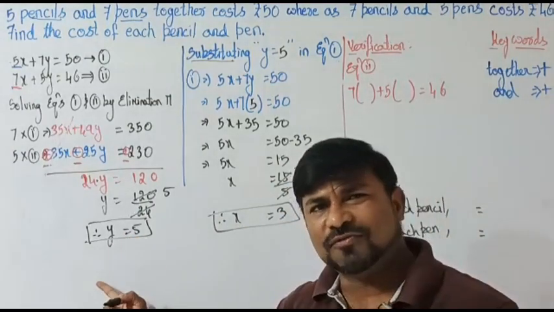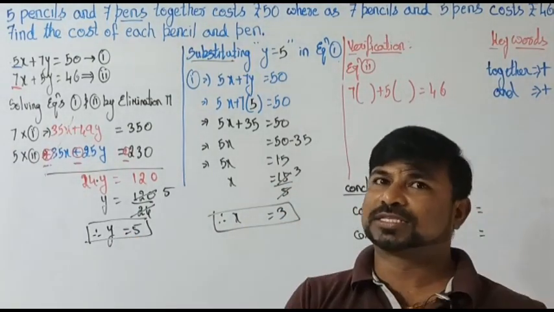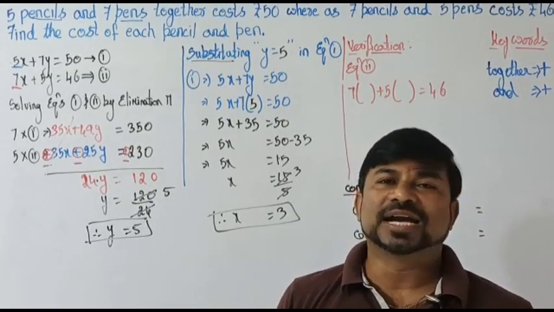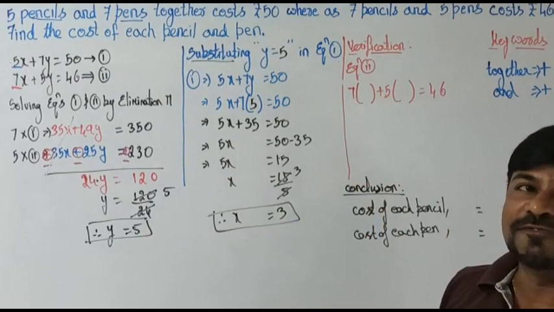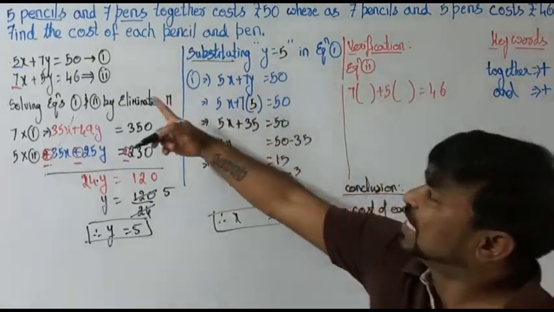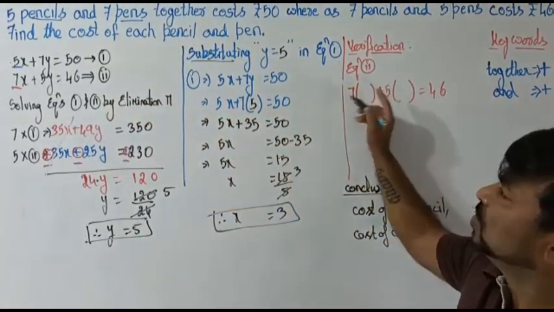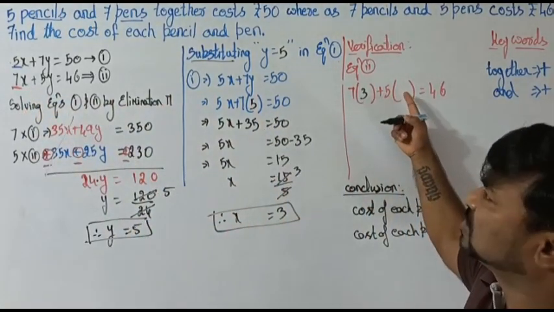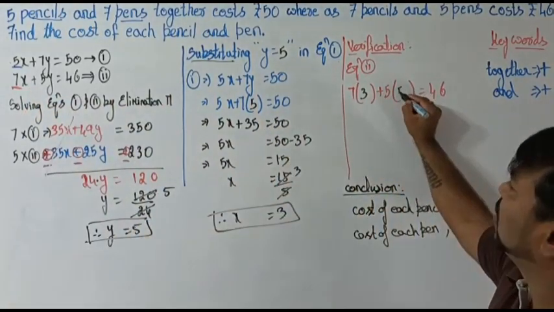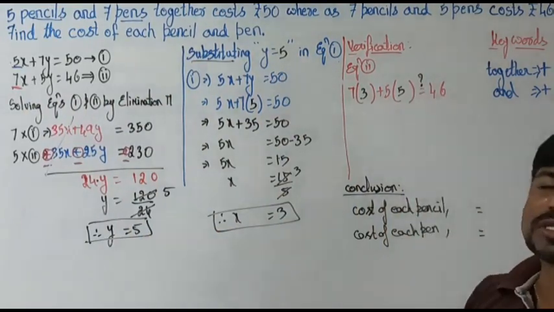So we got the value of y and the value of x, but until you verify, we can't say that it is correct. Now let us plug these two in for verification. I took the second equation. In place of x, I'm substituting 3, and in place of y, I'm substituting 5. Let us check whether LHS is equal to RHS.